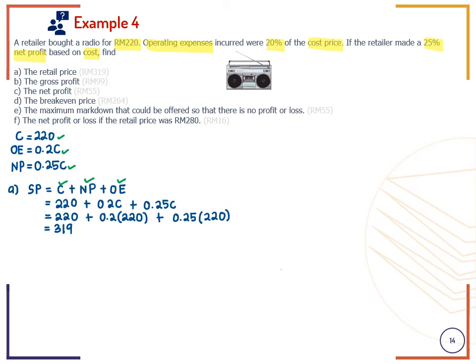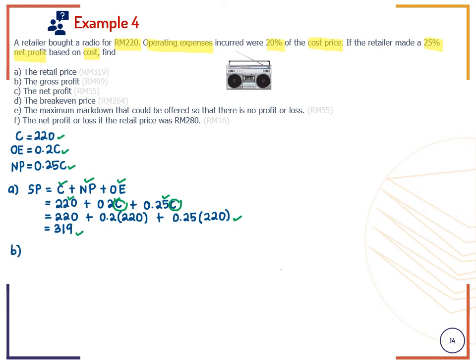Replace the value of cost with 220 ringgit, operating expenses with 0.2 C, net profit with 0.25 C. And also replace the value of C here with 220 ringgit and C here with 220 ringgit and solve the equation. So the selling price of a radio is 319 ringgit.